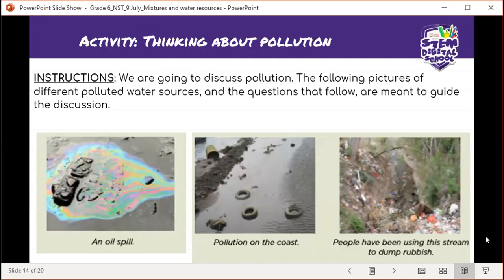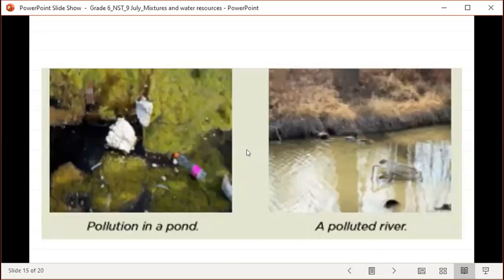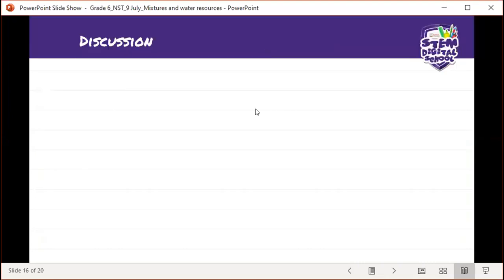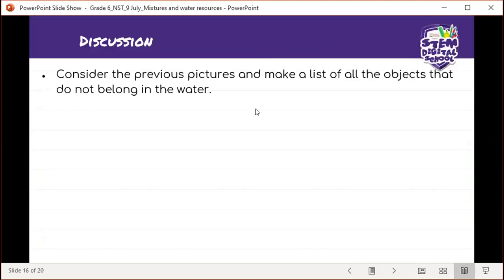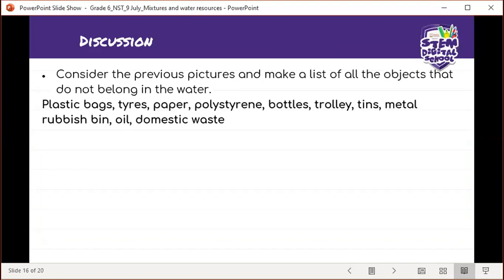It just says oil, sewage waste, plastics, as well as toilet waste. Okay, so guys, here are some of the answers that you gave: plastic bags, tires, paper, polystyrene, bottles, trolley. I think the trolley was in the river. Then tins, metal rubbish bin, oil, as well as domestic waste.